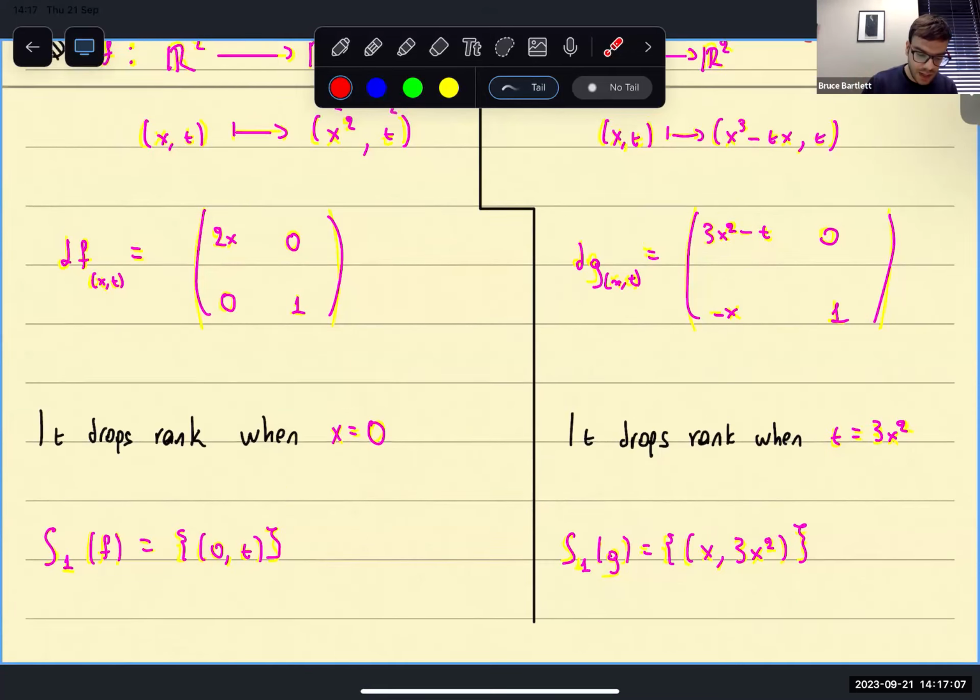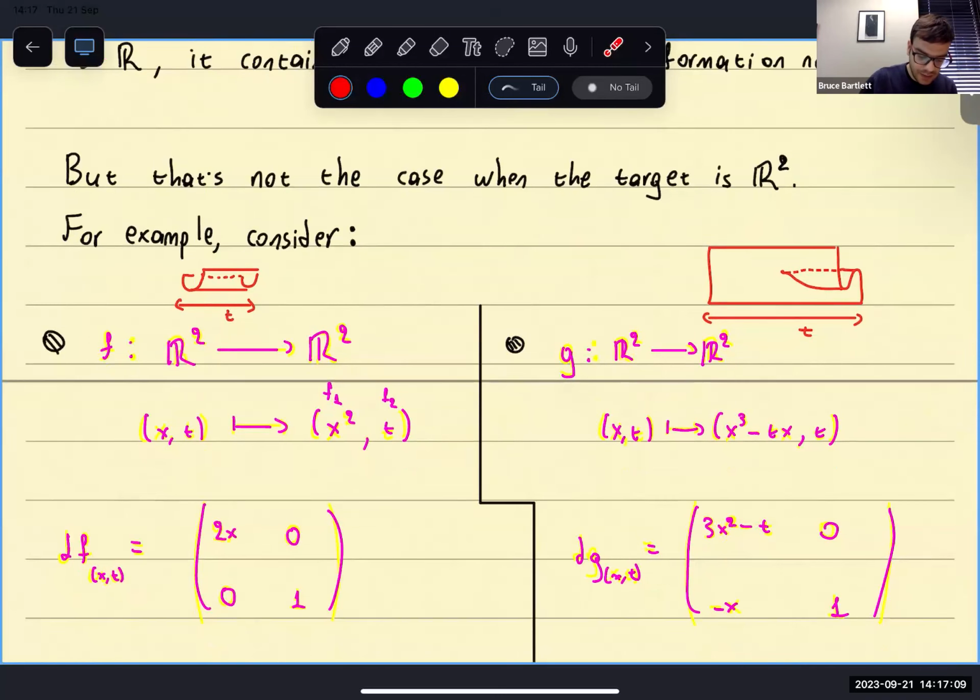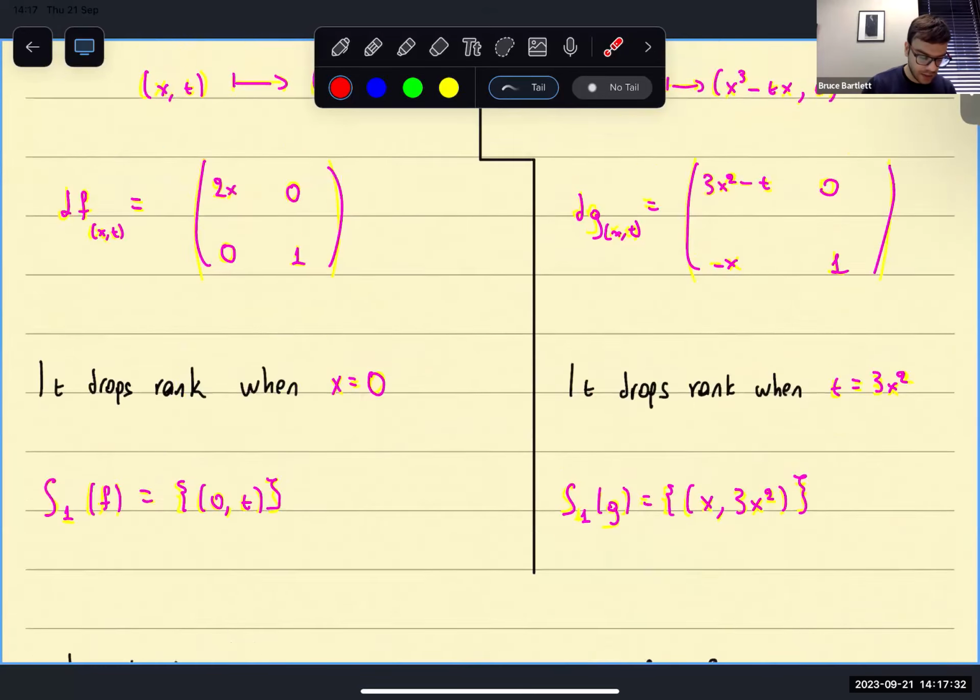So basically all the critical points locally would take this form. They would have this quadratic form. And that was completely determined by this one genericity condition.